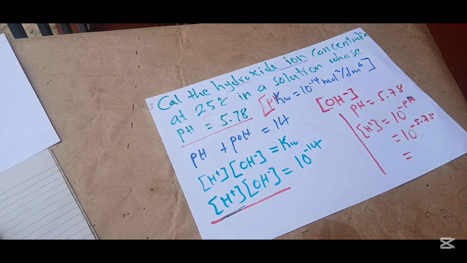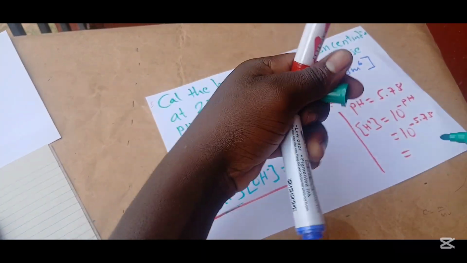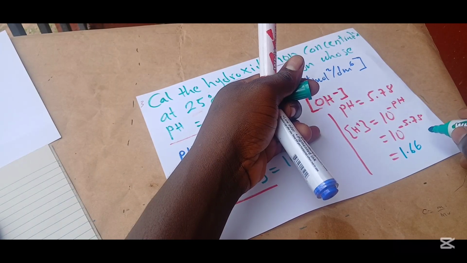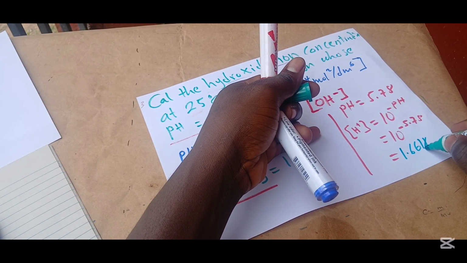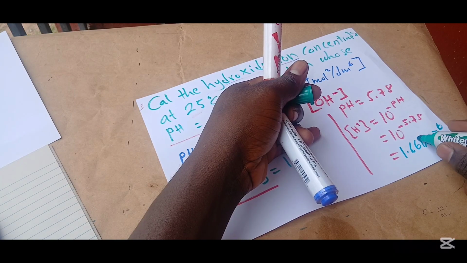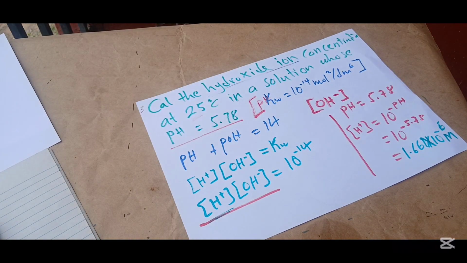Let's put this on the calculator. 10 to the power negative 5.78 gives us 1.66 times 10 to the power negative 6 molar, or mole per dm cube.